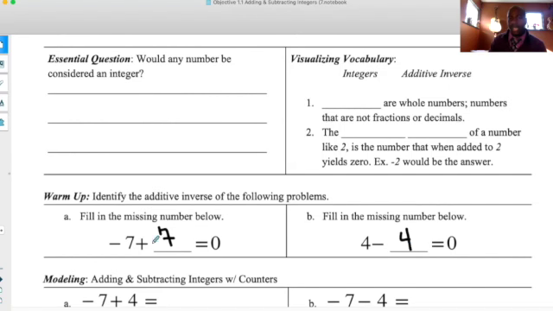Now, why are these the case? These are additive inverses. The opposite of a -7 is a +7. The opposite of a +4 is a -4. But Mr. Whitford, that's not a -4, that's just 4. Well, believe it or not, we can rewrite this another way, and we're going to practice that today.